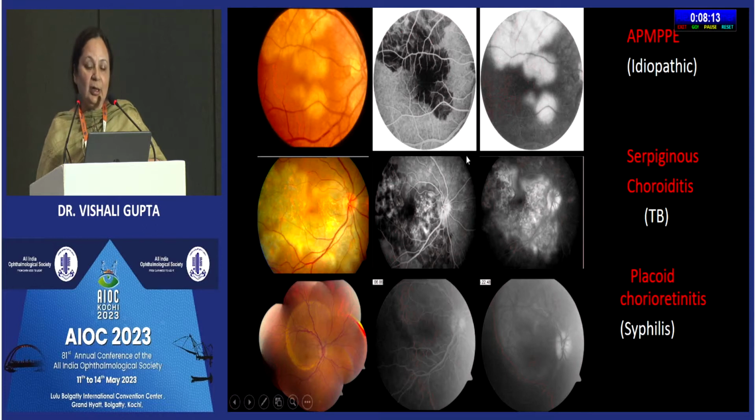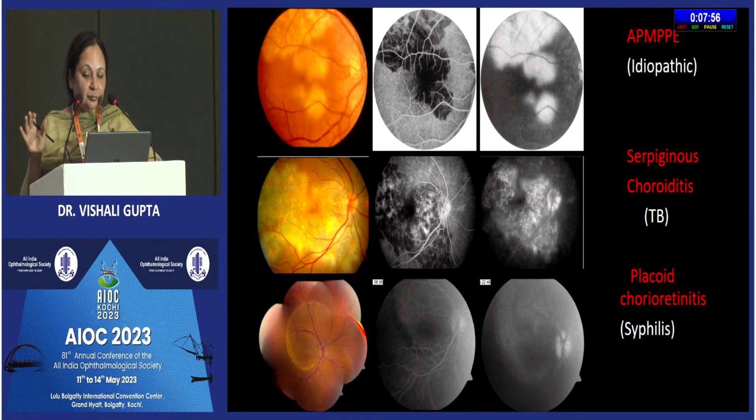This is APMPPE. This is a yellow patch. This is serpiginous choroiditis. And this is the lesion which I wanted to show you, a placoid kind of yellow patch. But look at the character of the fluorescein. This is syphilis.